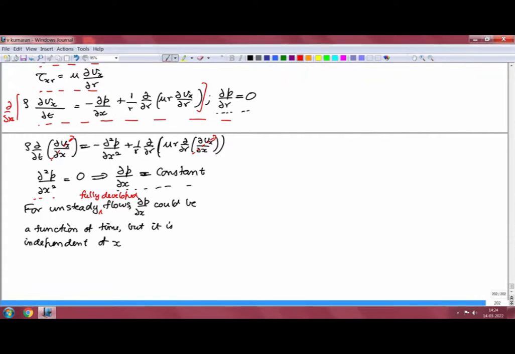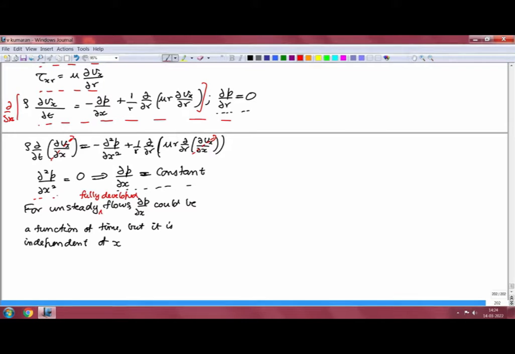What that means is that the first derivative has to be a constant, or the pressure gradient has to be a constant. The pressure has to vary linearly with the x direction. It has to decrease linearly in the x direction.